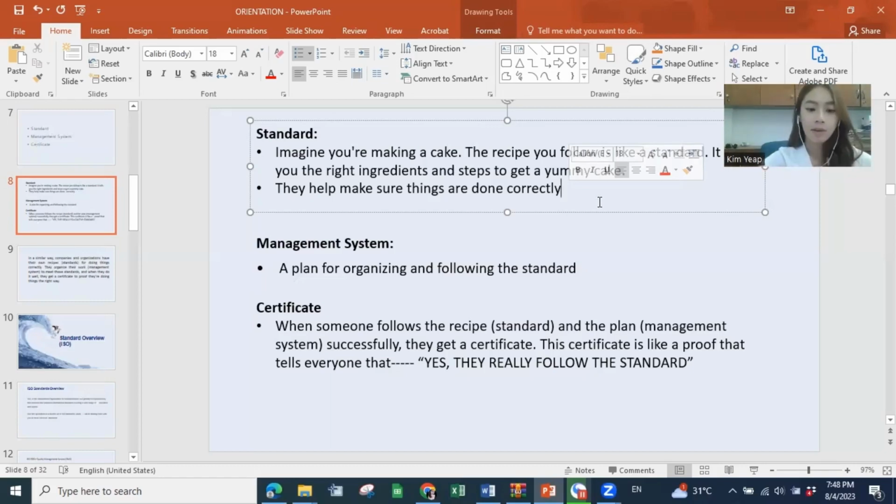The next step: like we said just now, having the recipe is not enough. They need to have a proper plan to make sure they are following the halal standard. For example, they need the documentation. When they do the manufacturing, what are the SOPs? If it's a food manufacturing company, what about the raw materials?